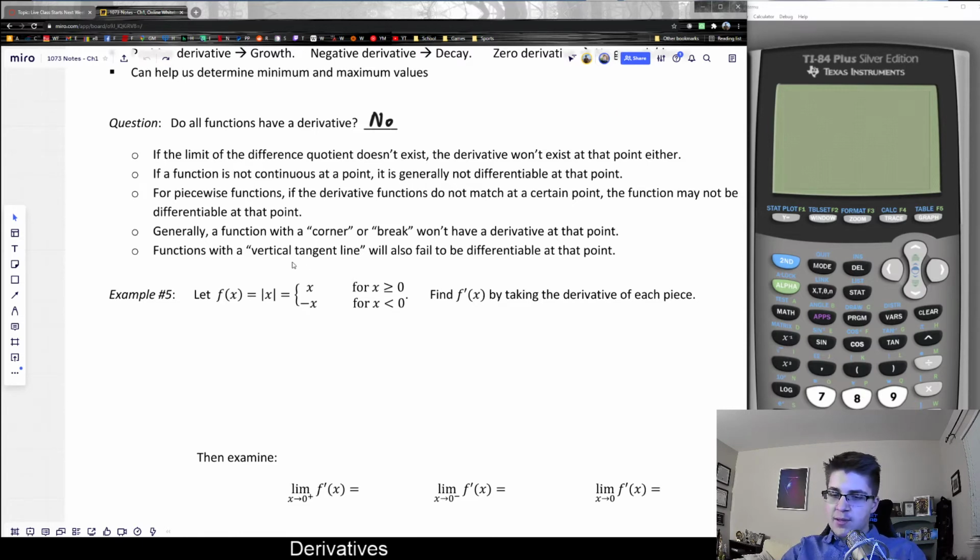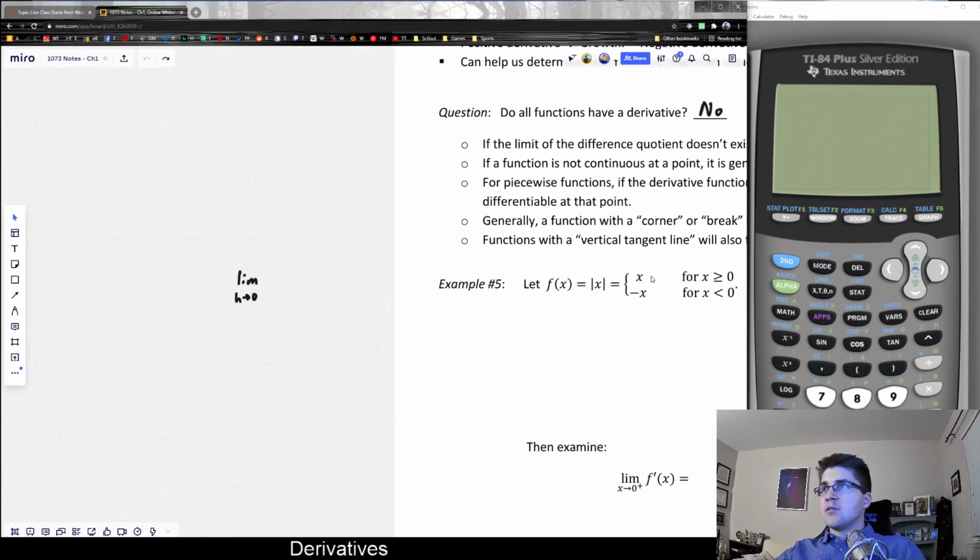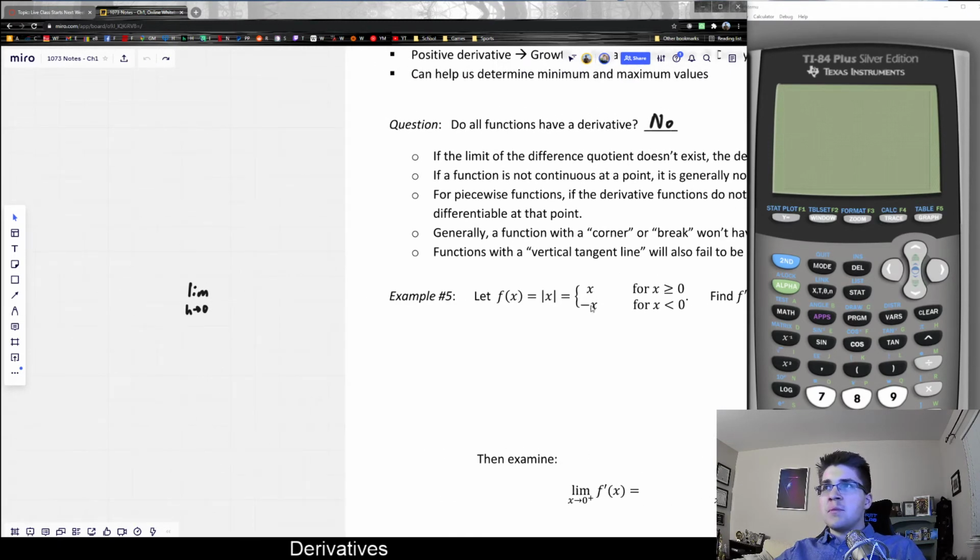Let's say, what's the limit as h approaches 0 of this particular function? We need to do each piece of the function separately because each one will hypothetically have a different derivative based on each formula. For the top one, we'd have x plus h minus f of x, which is just x, divided by h.